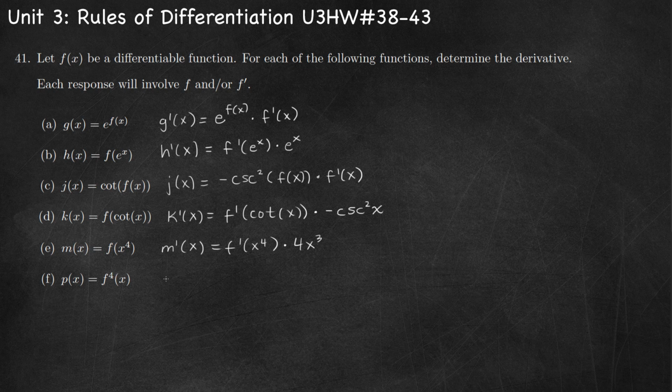So this is in the form of stuff to the power 4. P prime of x will be 4 times the stuff, f of x, to the power 3. So if we stick with this notation, I can put the 3 after the f, although that looks a little weird, so I'm just going to use brackets and raise it to the power 3, times the derivative of the stuff, so times f prime of x.